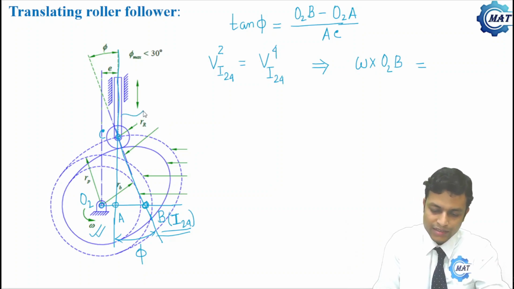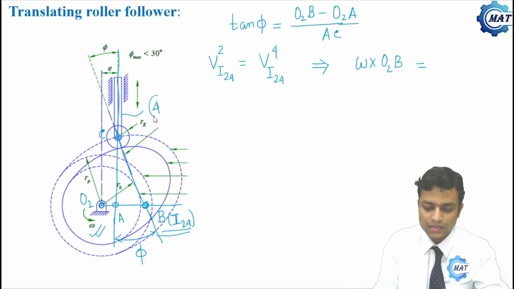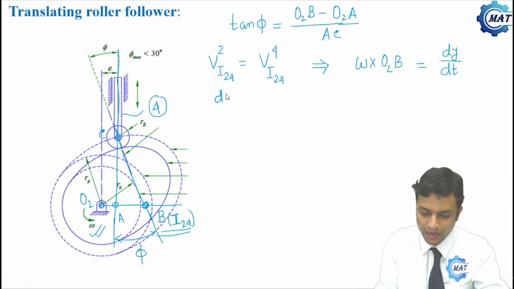Body 4, the follower, has pure translation, so all points on body 4 have the same velocity, which is dy by dt. Now omega is d theta by dt, where theta is the cam rotation, so omega times O2B is dy by dt.